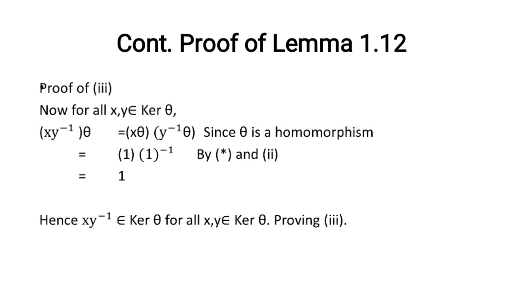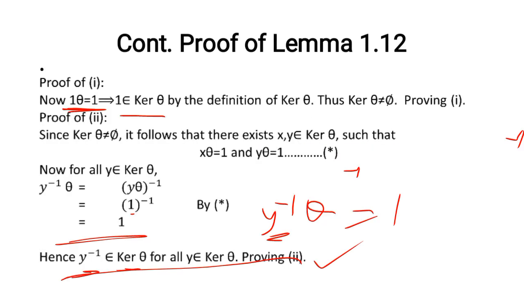Okay, so for the third identity, x y inverse theta is the same as x theta times y inverse theta, because we know theta is a homomorphism. It splits terms, is that not so? But you have seen, because x and y were in the kernel, it goes to 1. And this y inverse theta, we just proved it in the previous proof here.